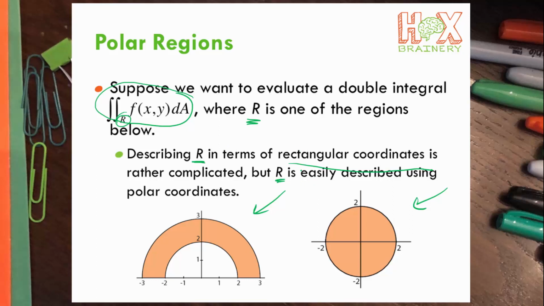But if I take that same region R and describe it using polar coordinates, it's actually quite easy. So for some of the examples, I will have us set up the iterated integrals using rectangular coordinates and polar coordinates, and we'll see that for regions like these, polar coordinates end up being easier to work with.